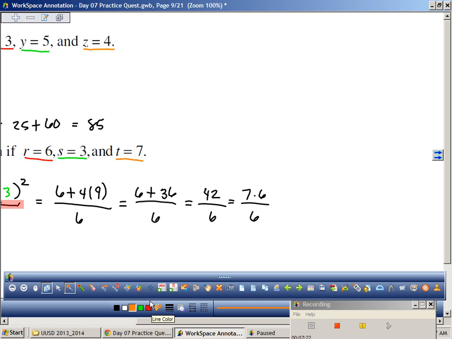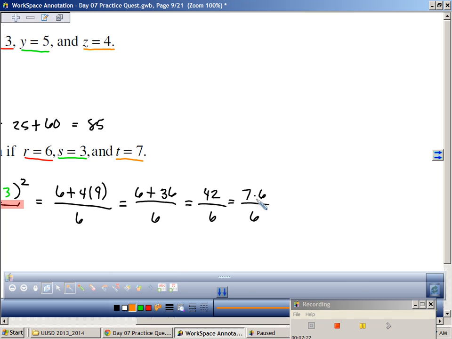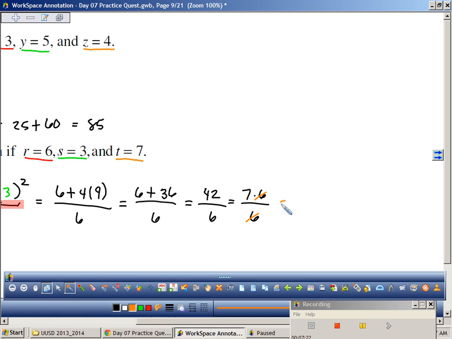Aw, man, why is she doing that? Remember why I said I was going to do it like this? Because we can do this easily. So if we practice with things that are easy, then when we get to the hard stuff, it'll be even easier. So when I cancel my 6's, I don't even have to think about it, right? My answer is 7. Did you get that if we do it the other way? Yes.